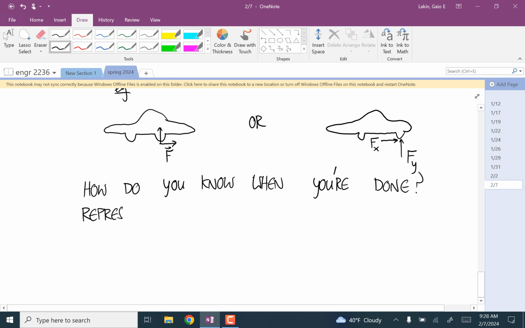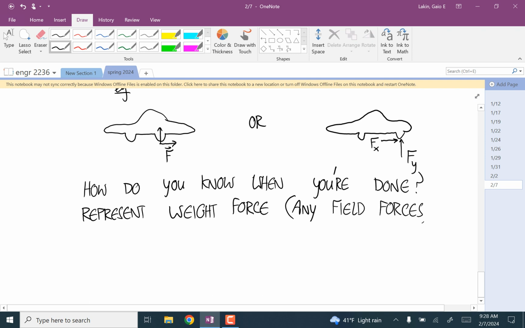So you're going to represent the weight force, and any other field forces. I mean, you'd know from the problem if there's an electrical field or a magnetic field or whatever. And then represent the force at any spot where the surroundings touch the boundary.